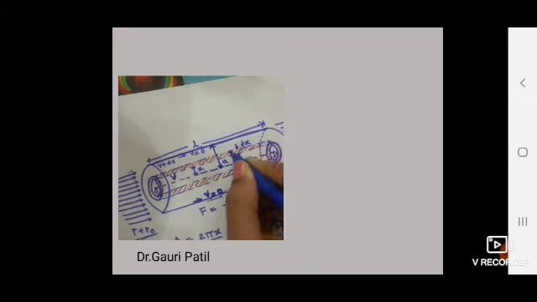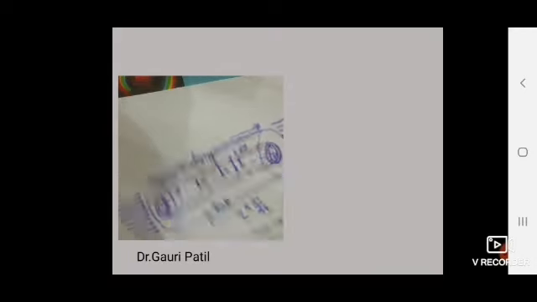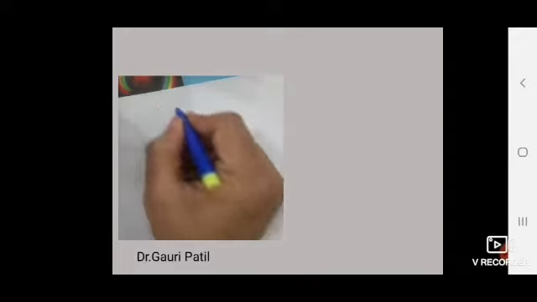So another cylinder with radius x plus dx, and the cross-sectional area between two shells is 2 pi x dx.